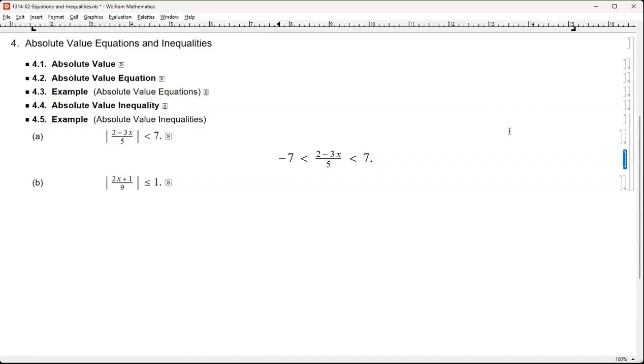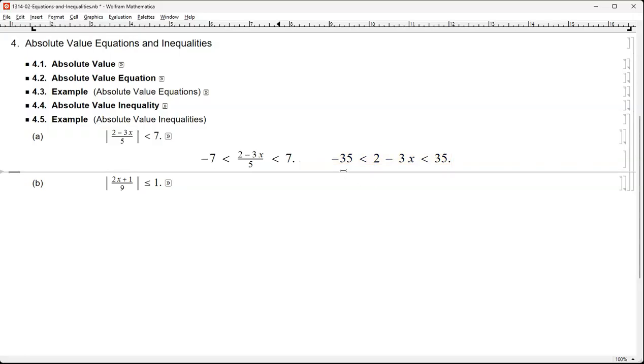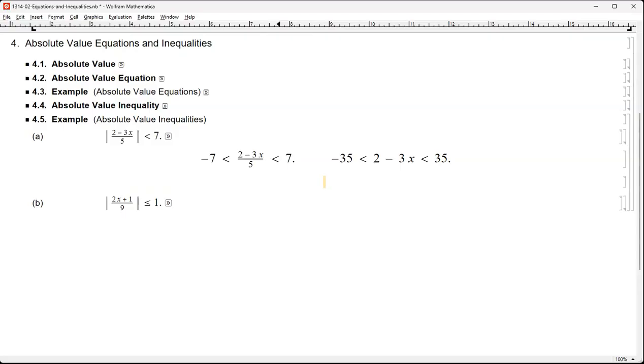How do you remove the denominator? Multiply away. And then subtract away this 2. So negative 37, negative 3x, and subtract 33. Okay.